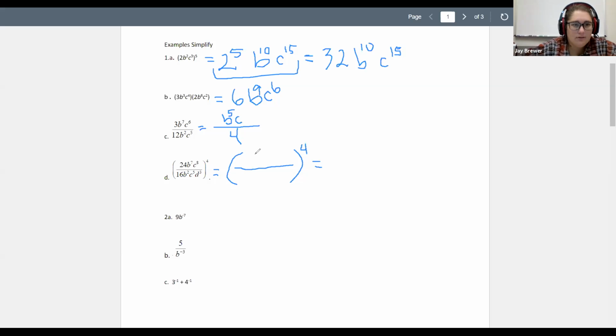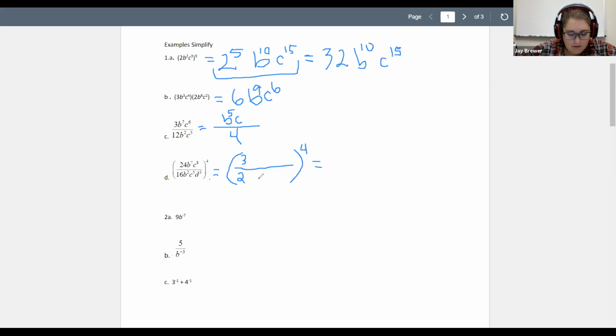So 24 over 16 is going to reduce down to what? I think it's 3 over 2. Very good. You're all fine because you're all correct. Okay.